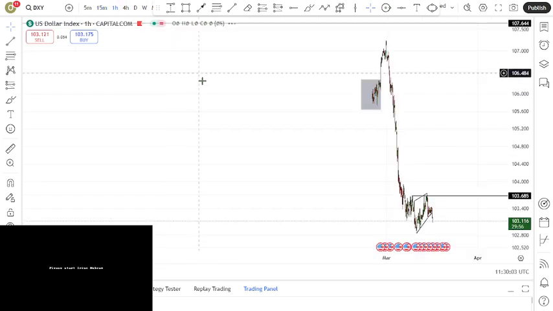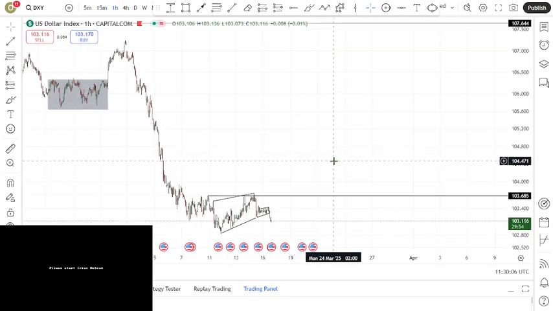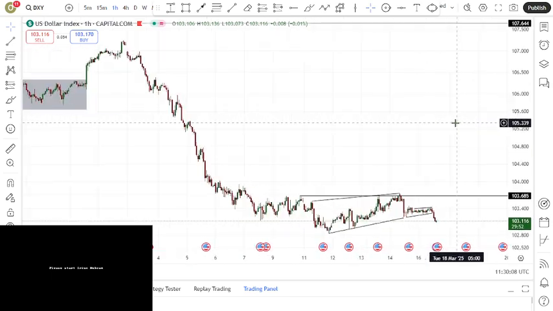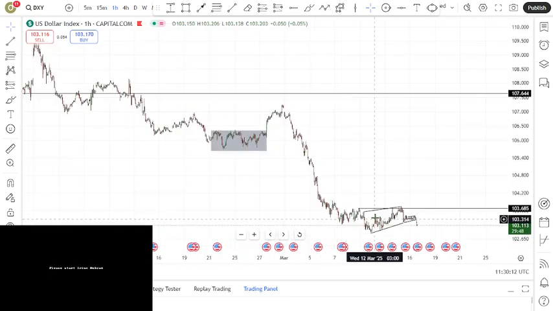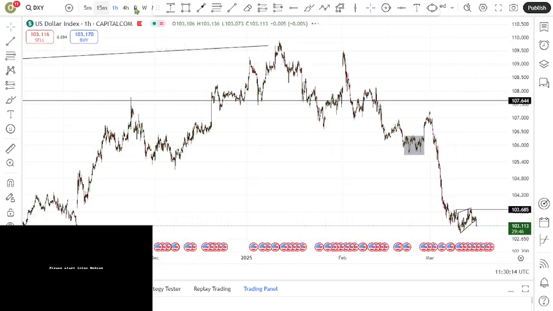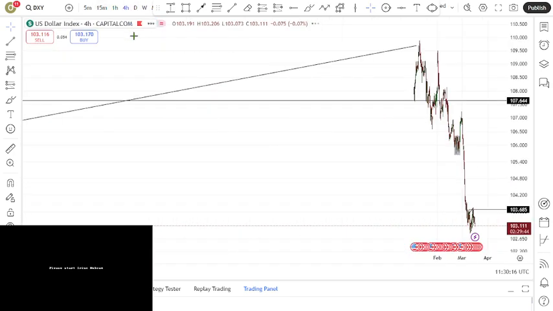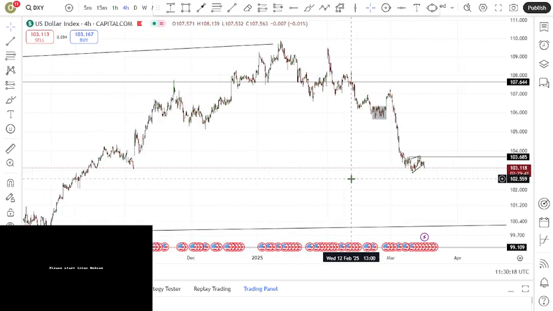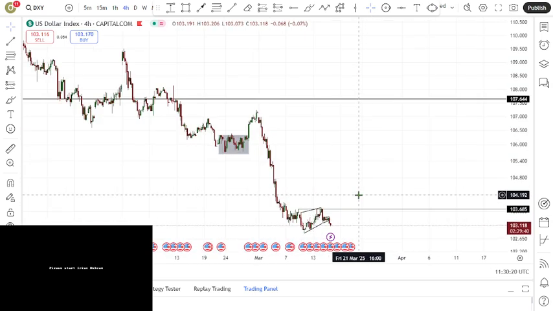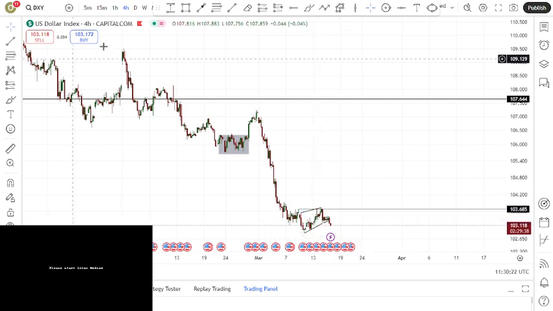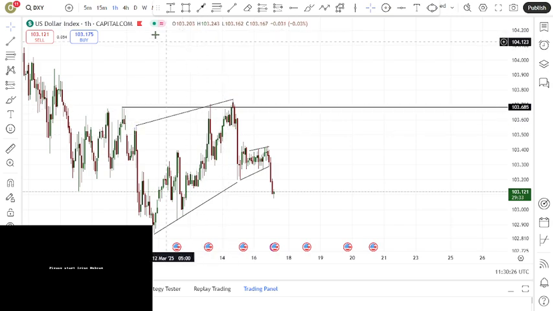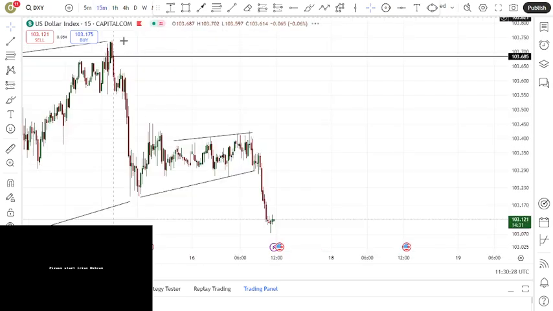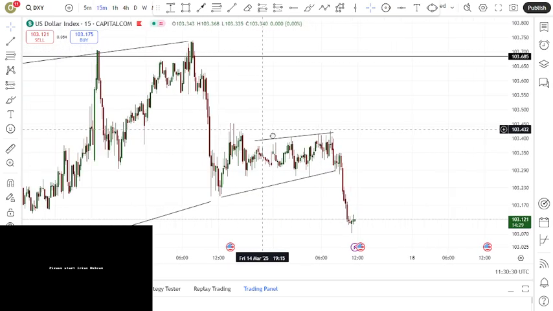If it is a structured one now, this one we can see is a structured 1 hour flag by a non-structured 4 hour. So on the 4 hour you can see that it is non-structured, but on the 1 hour it is structured. So if this is the case, it means I can take a risk entry on the 1 hour.